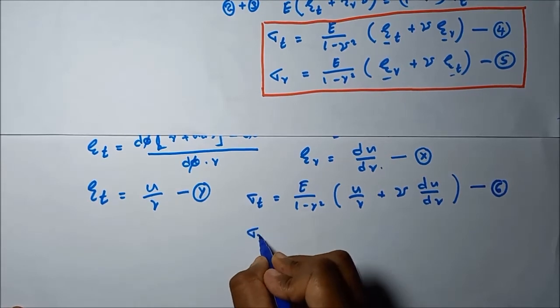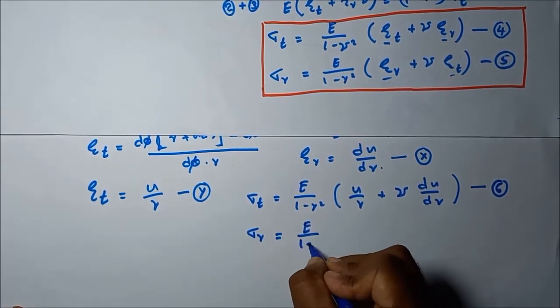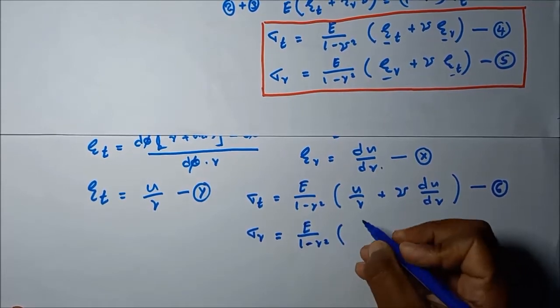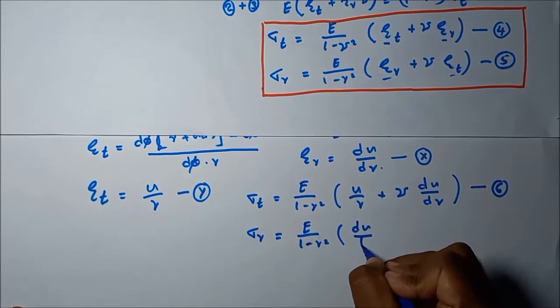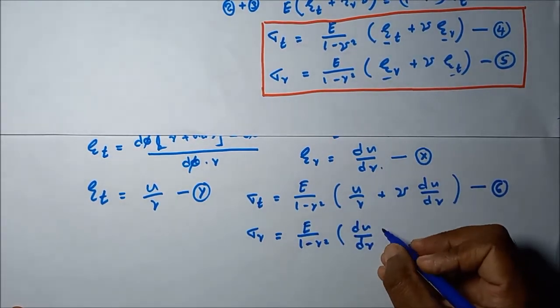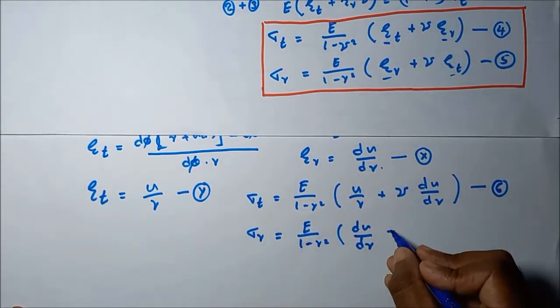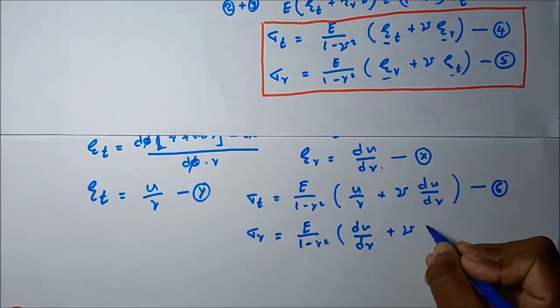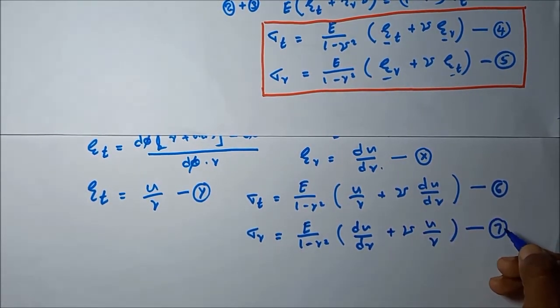Then sigma r also we can write as E divided by 1 minus nu square, times du over dr plus nu u divided by r. Let's take this as equation 7.